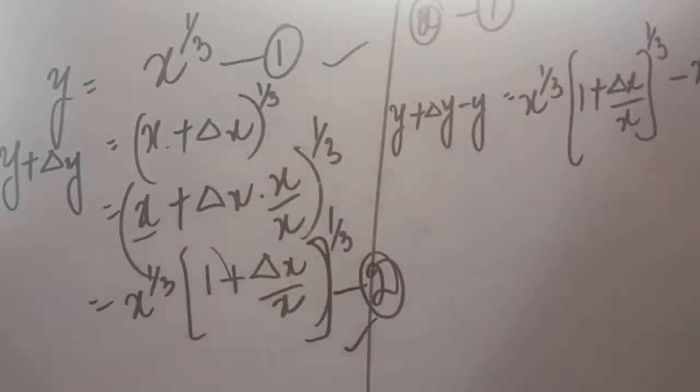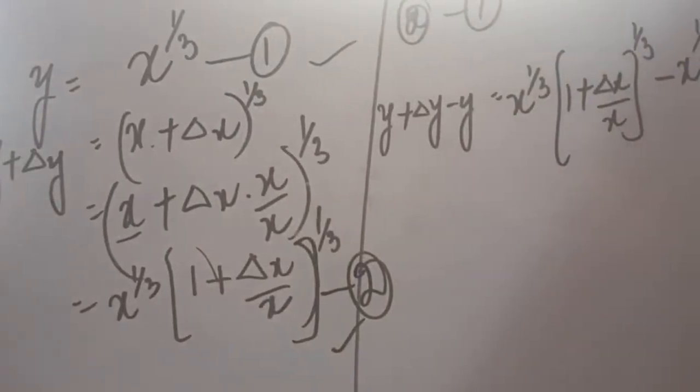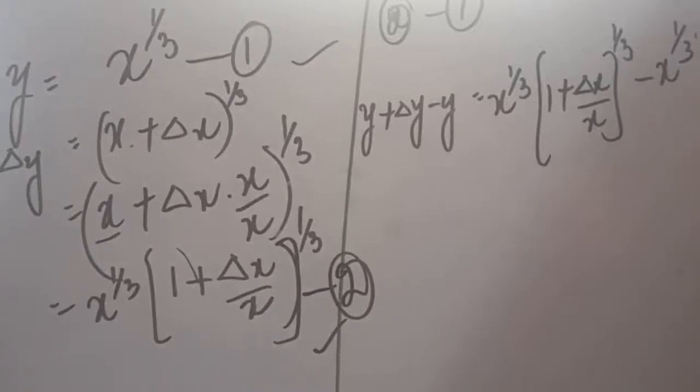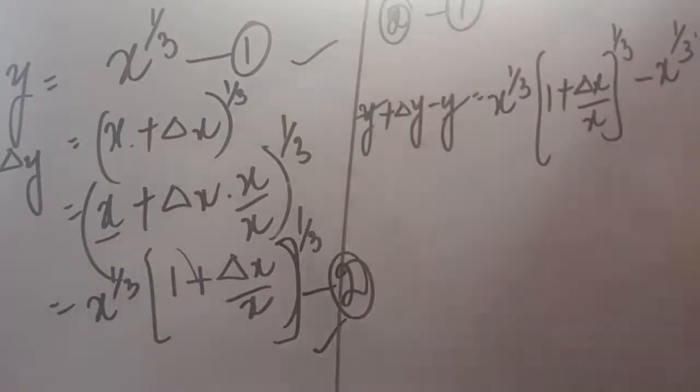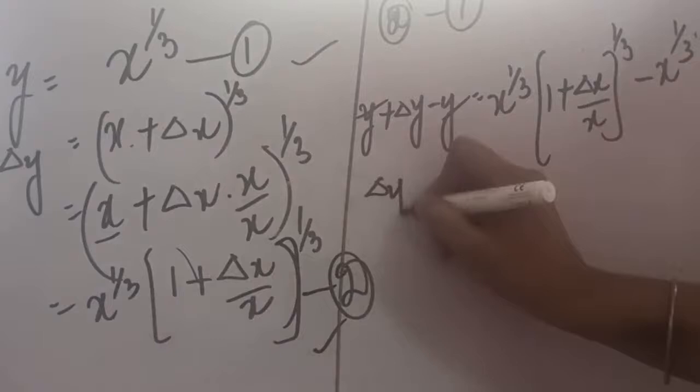So I have just done 2 minus 1. By 2 minus 1, we get these values. On the left hand side, as done earlier, it will be the same, so we will have delta y.